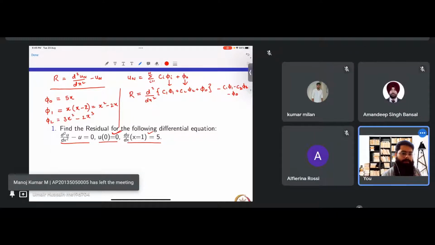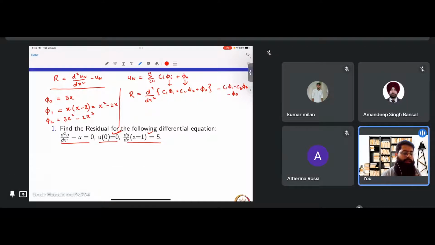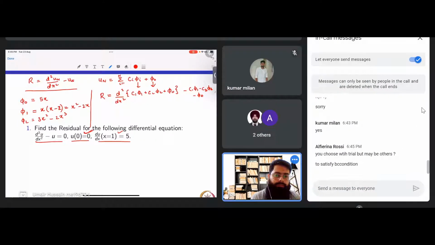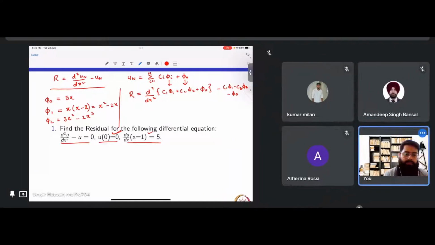Do you mean to say that the way we chose this function was just trial and error to satisfy the essential boundary condition? I'm sorry, I couldn't understand your question.